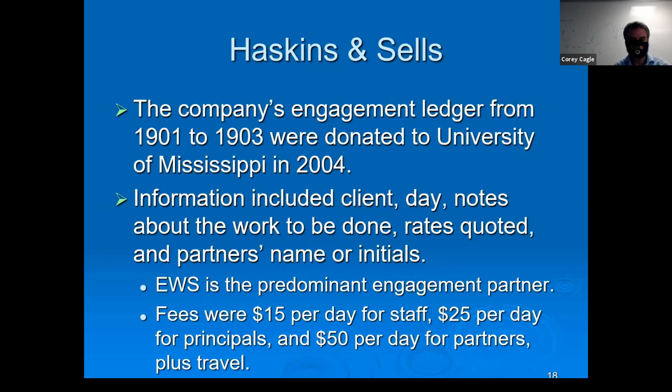EWS shows up as engagement partner the majority of the time, so Sells was the engagement partner most of the time. The rates were $15 a day for staff, $25 a day for principals, they call them, and $50 a day for partners plus travel. That was back in 1901 to 1903.